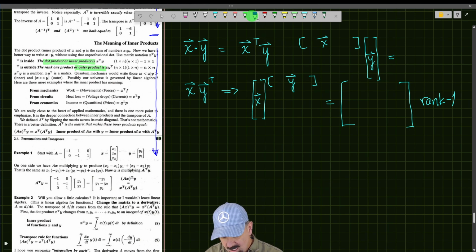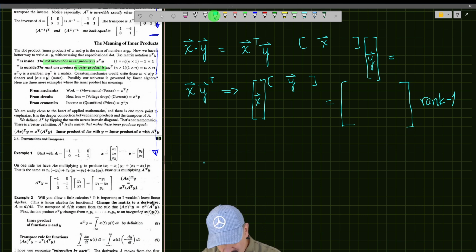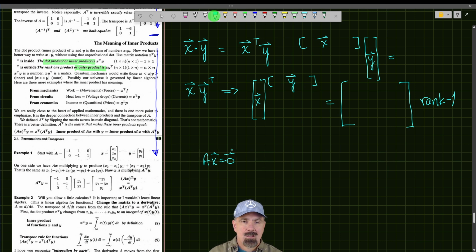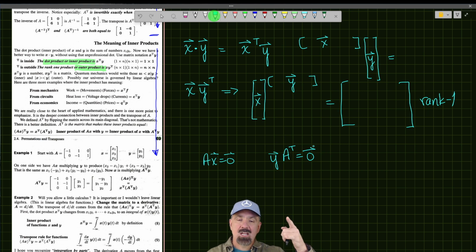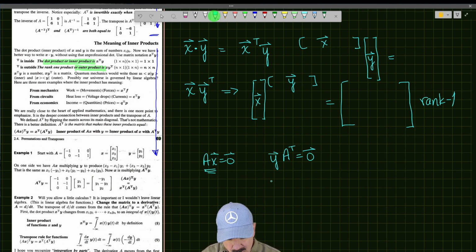So all of this conversation, he does start to get into some of the ideas associated with solving, for example, Ax equals 0, and solving a related problem, which would be y vector times A transpose equals 0, where I'm now looking for the linear combinations of the rows of A transpose, which are the columns of A, and that's the same thing that this is doing.